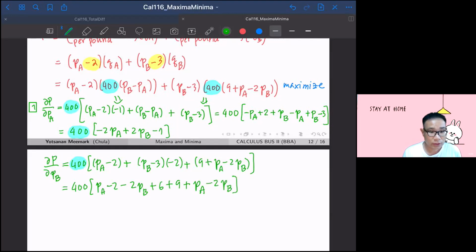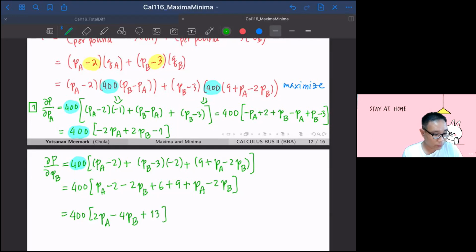And you see that this one will be 2PA. So it would give you 400, and it's going to be 2PA, and you're going to have minus 4PB, and you have 13.